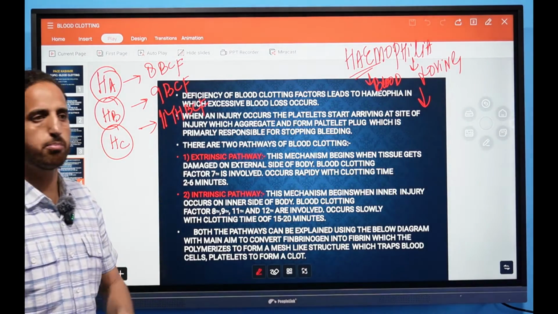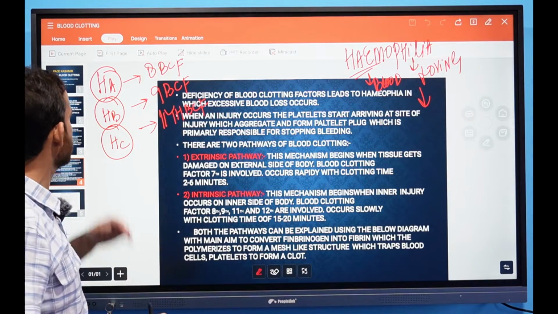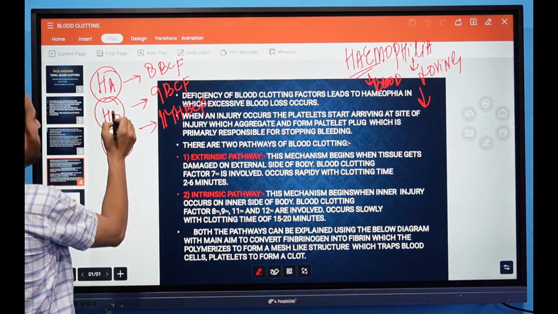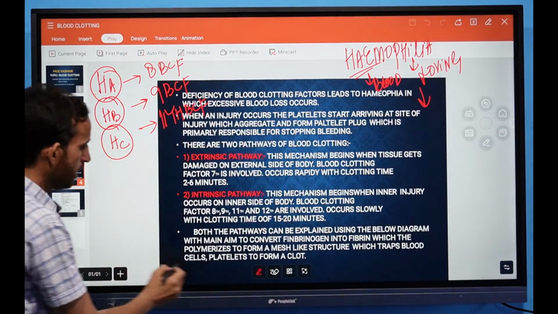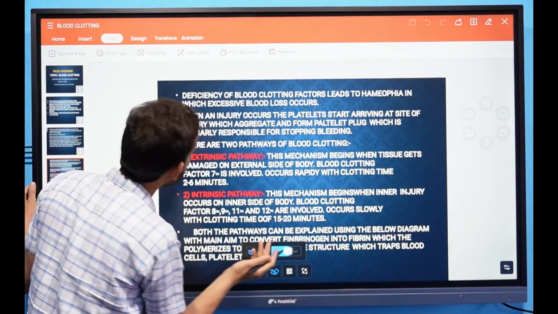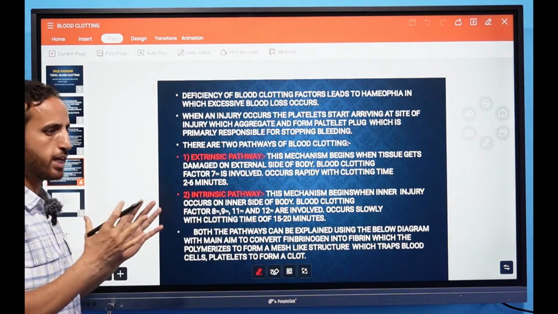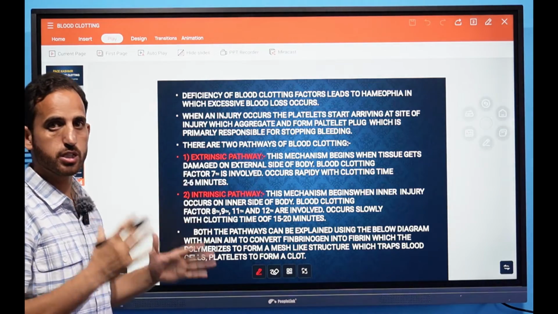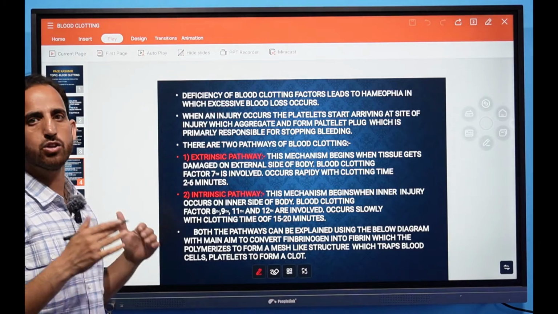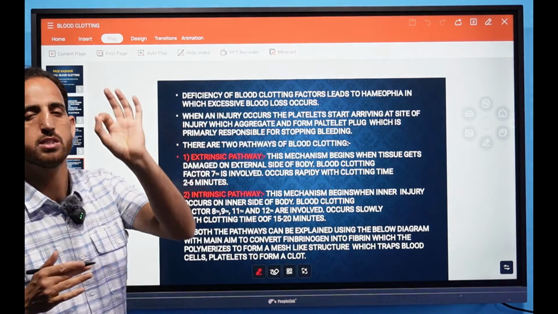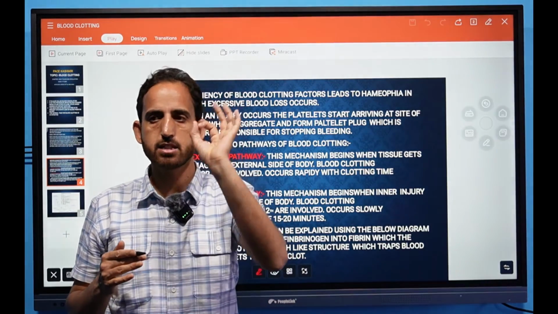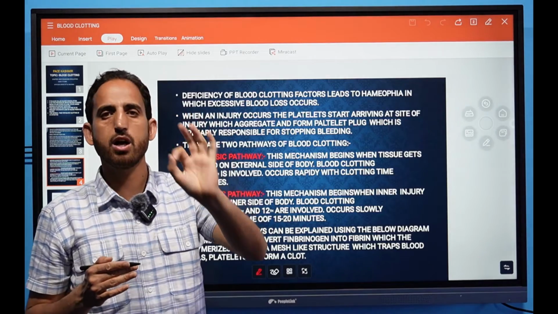Now the most important point is about hemophilia A and hemophilia B. As I said, these blood clotting factors are proteins. A protein is a polymer of amino acids, and a protein is made by a special segment of the DNA, called a gene.